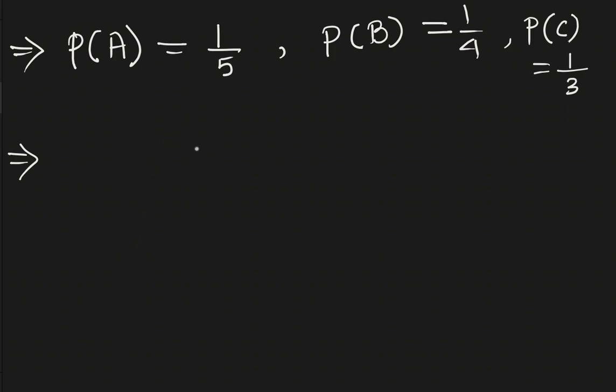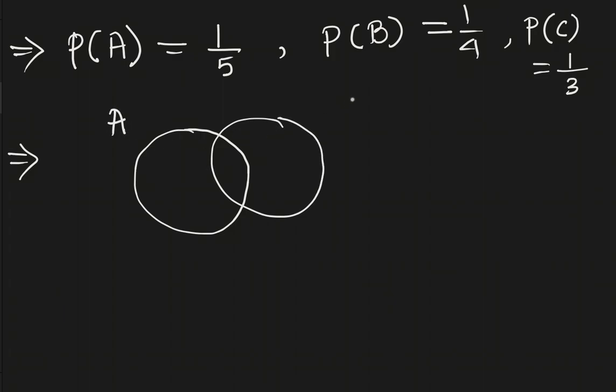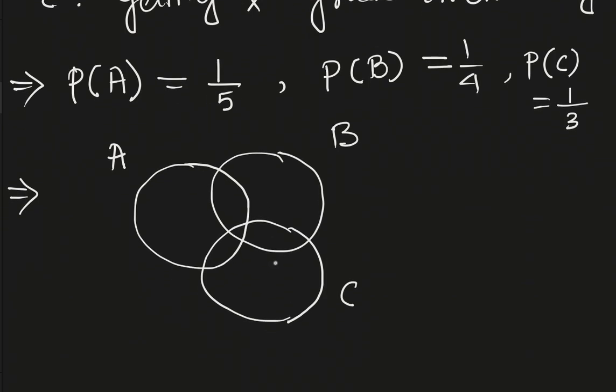So if I represent it theoretically through a Venn diagram, suppose A, B and C are the events. A are those unfortunate students who get X in mathematics, similarly B is physics, and C is chemistry. So we have to calculate at least one. That means either that student remains in this region, or these or these.